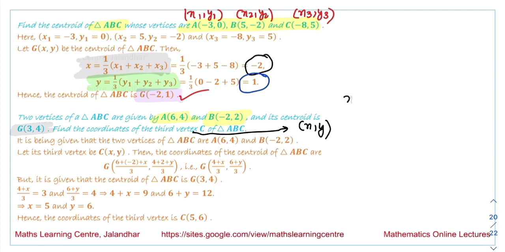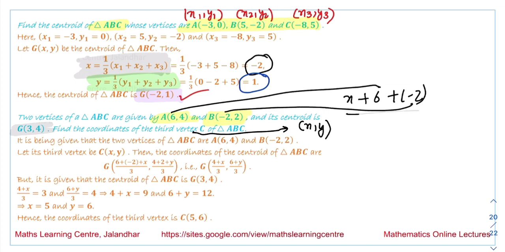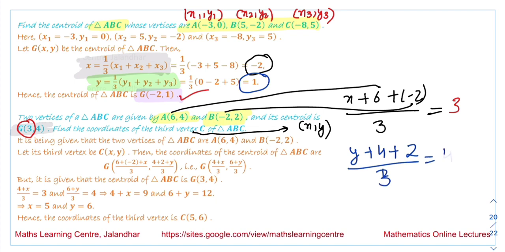So we will have (x plus 4 plus 6 plus minus 2) over 3, which is equal to 3, the value of the centroid. The second equation we will have is (y plus 4 plus 2) over 3 equal to 4.